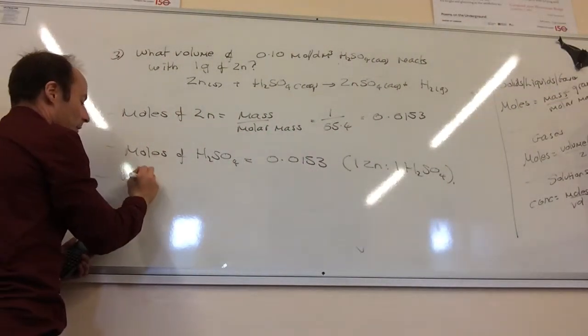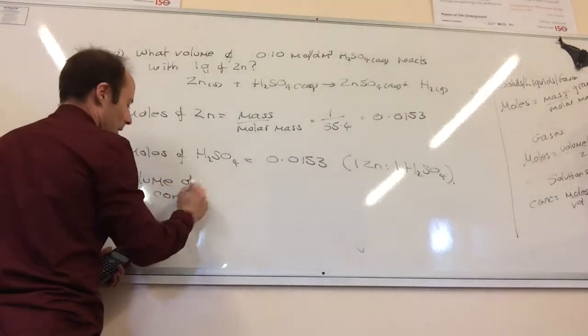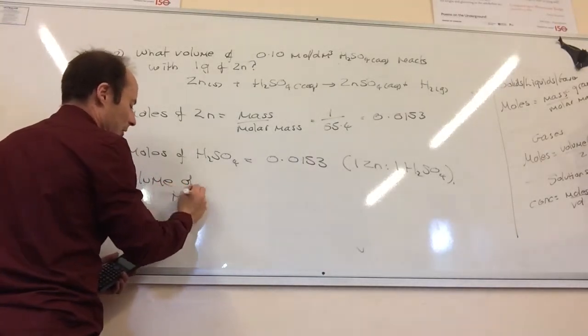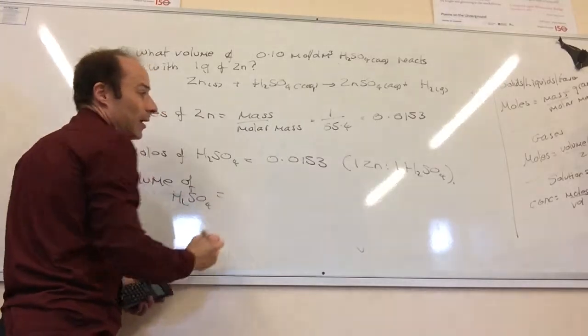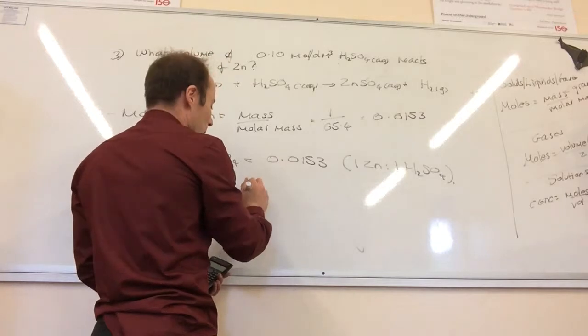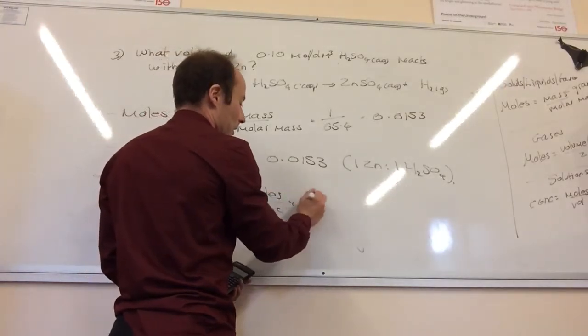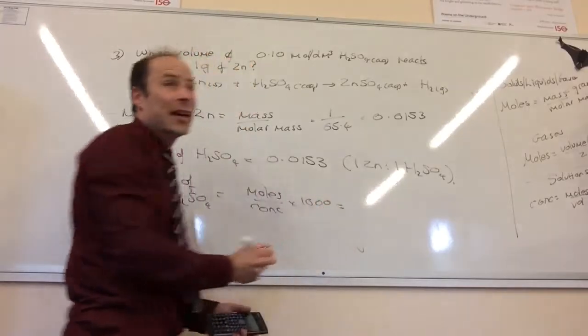So to find my volume of H2SO4 is going to equal moles divided by concentration times 1,000.